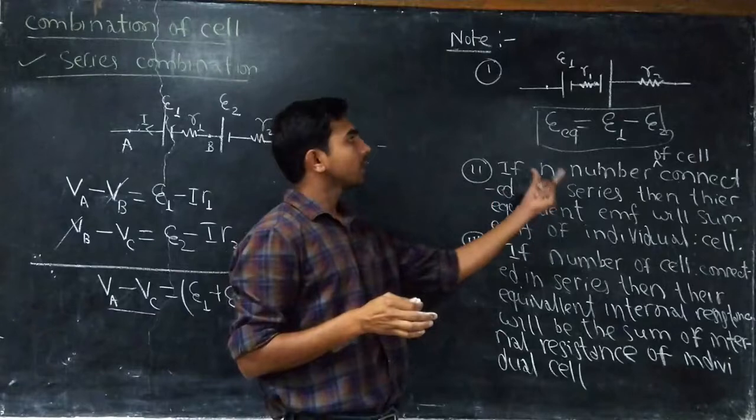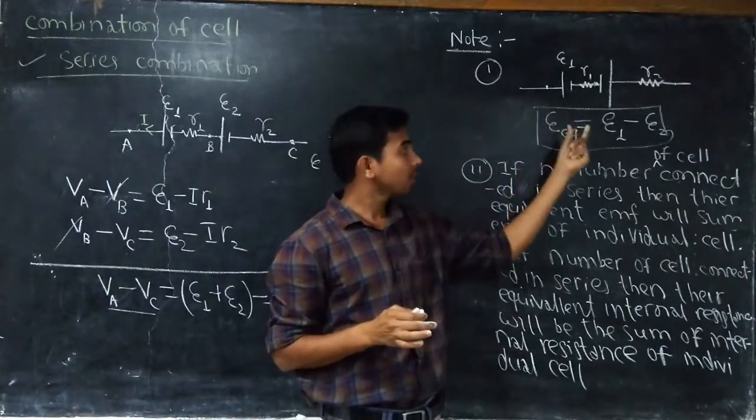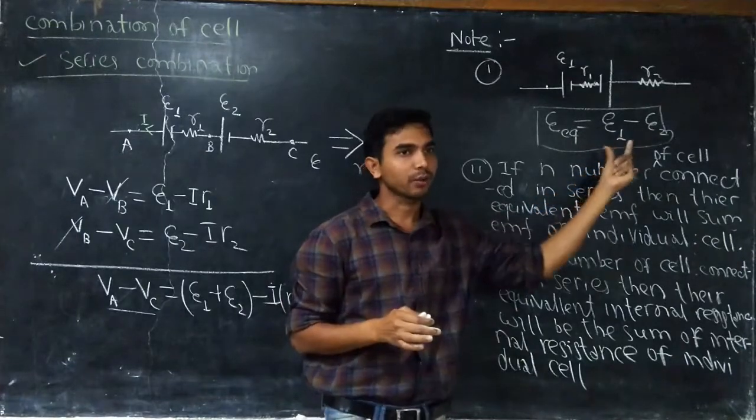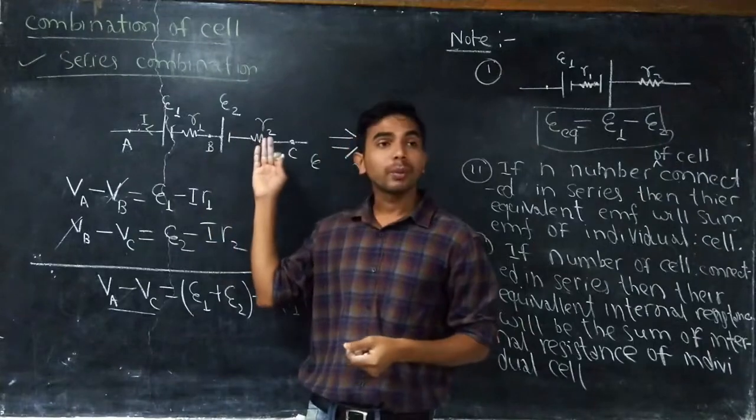But if any of the cells is connected with negative, for that cell you will take a minus sign, okay? So this is all about your series combination, right?